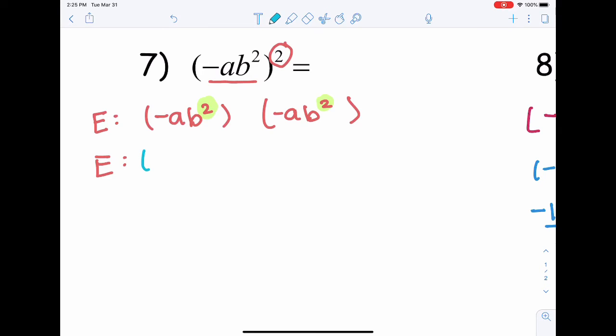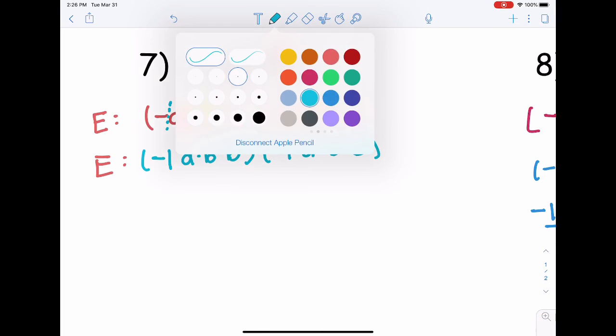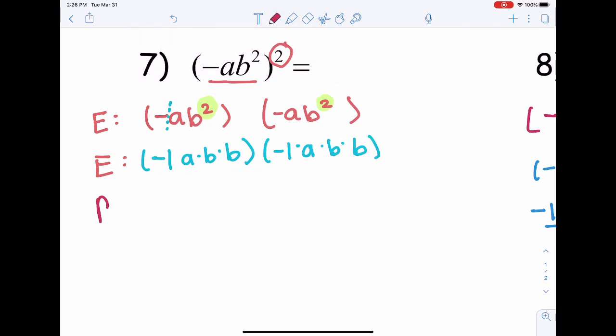Okay, so let's go ahead and continue. There's an invisible 1 right here, so it's going to be negative 1, a times b times b. Negative 1, a times b times b. Now let's go ahead and rearrange. So if we rearrange, I'm going to have my numbers in the front and then my letters in alphabetical order.